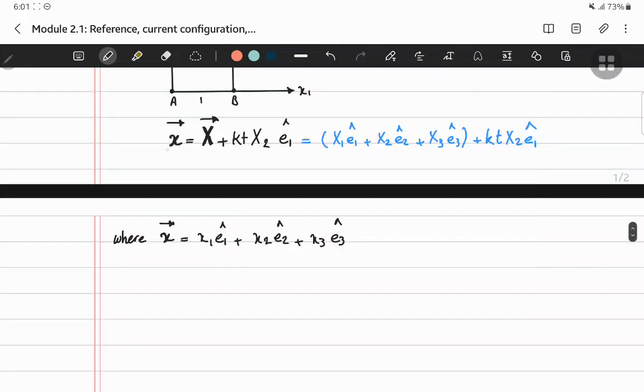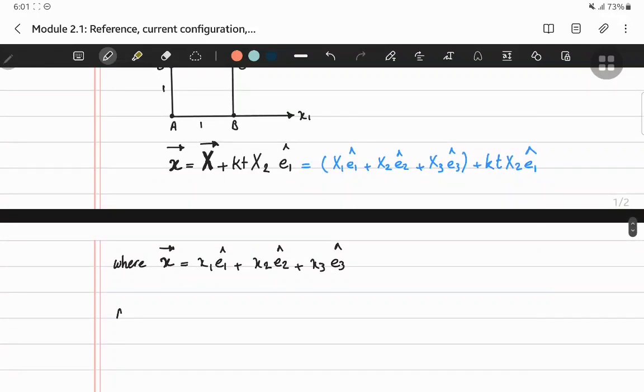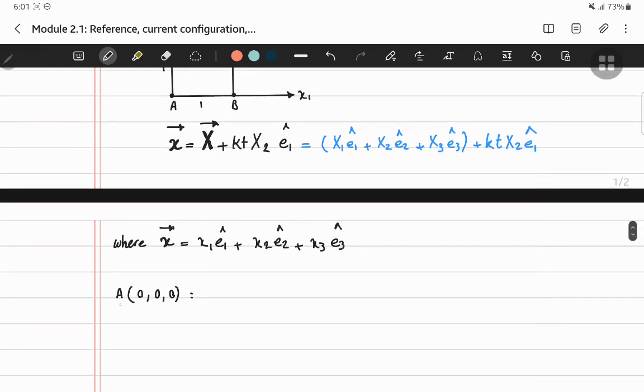So since we have this motion here, we will be able to write 0, 0, 0 as the coordinate of A. So if we plug the coordinate of A, we will be able to get x equal to 0, 0, 0, plus, and this is also 0, because we are in the initial coordinate. So this is X1, X2, and X3.